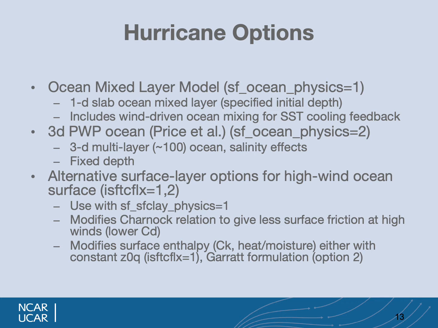We also modify the surface enthalpy for heat and moisture fluxes, either with a constant roughness length for moisture or with the Garratt formulation, which is another way to compute the denominator of the exchange coefficient. So these are options especially for hurricane conditions.